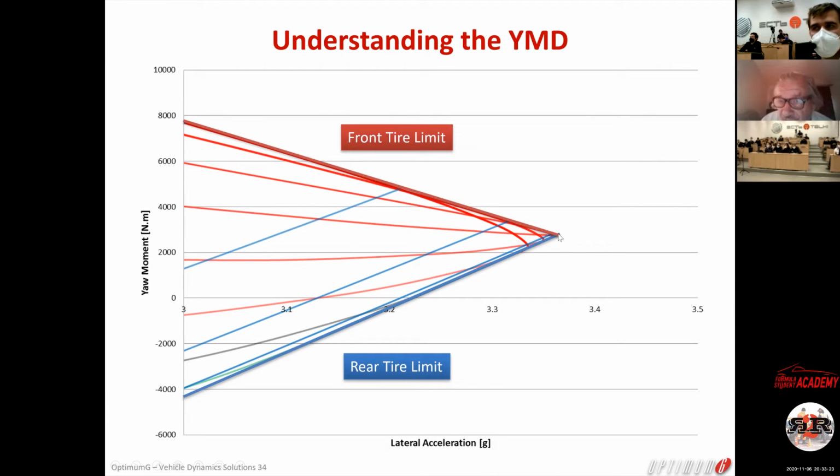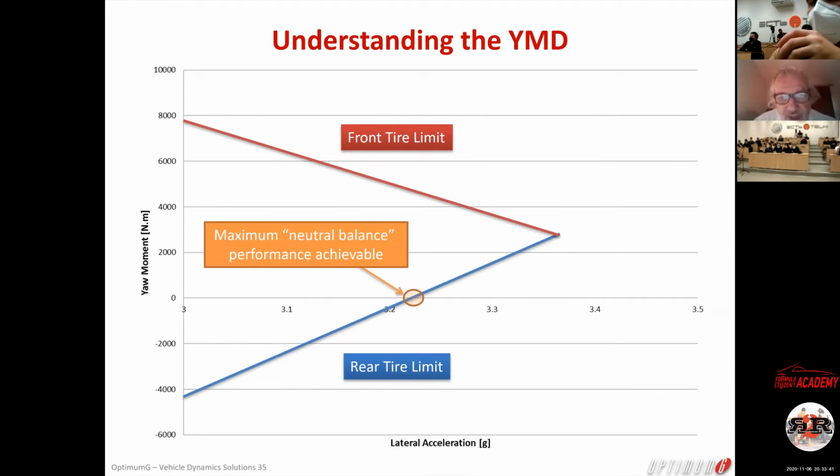If you want the maximum G, you're going to get 3.35, 3.36, but then the yaw moment will be positive, which tells you that you have an oversteering tendency. So that is the maximum lateral acceleration that you can achieve with the yaw moment at 0. So the car is neutral.